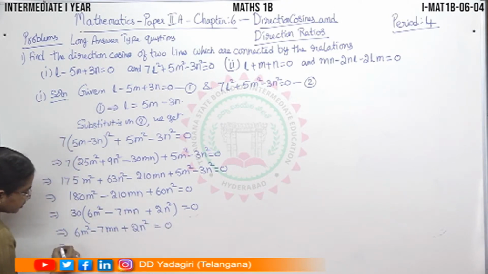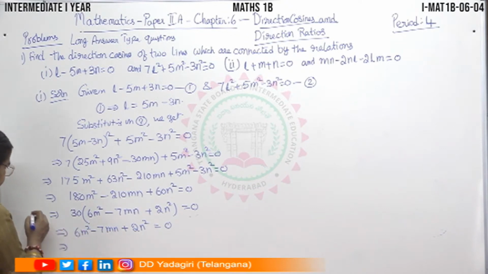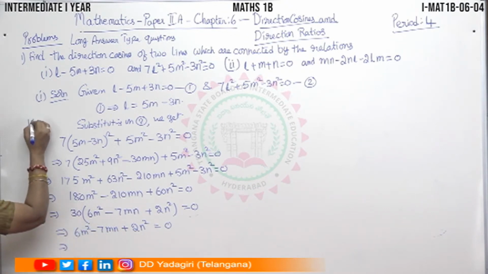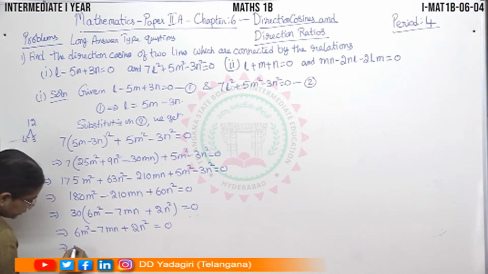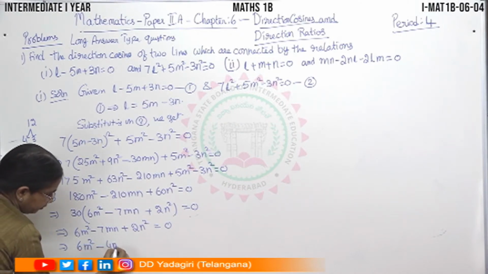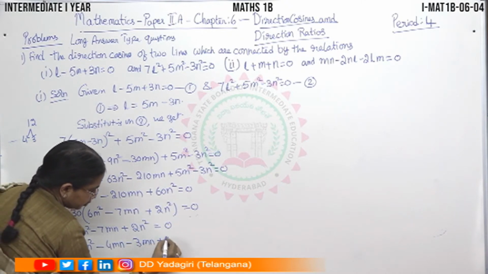Now find the factors for this. 6 into 2 is 12, and the middle term is 7, so you must find the factors of 12: 4 and 3. 4 threes are 12. So you can write 6m square minus 4mn minus 3mn plus 2n square.